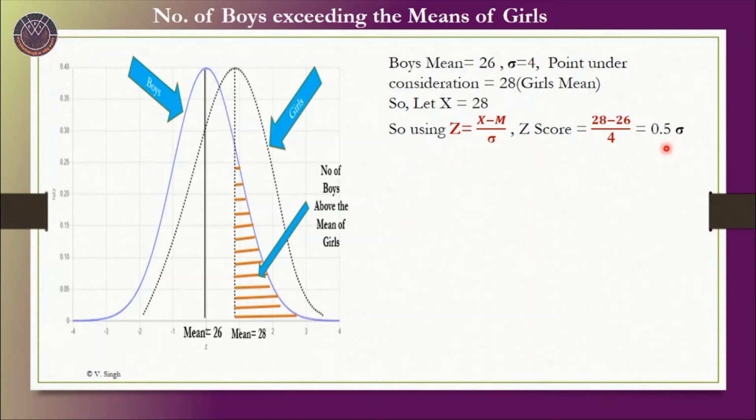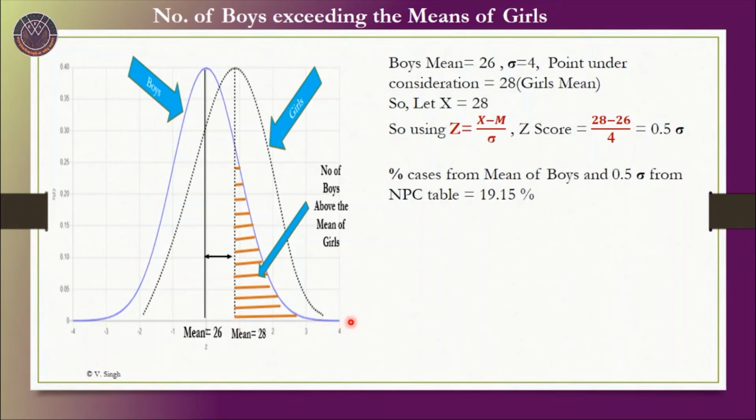So now we can follow the NPC area table. From there we can get percentage of cases from mean of boys, that is this particular point to this particular point. We can get that number of cases are 19.15%. But we have to find out this particular part.